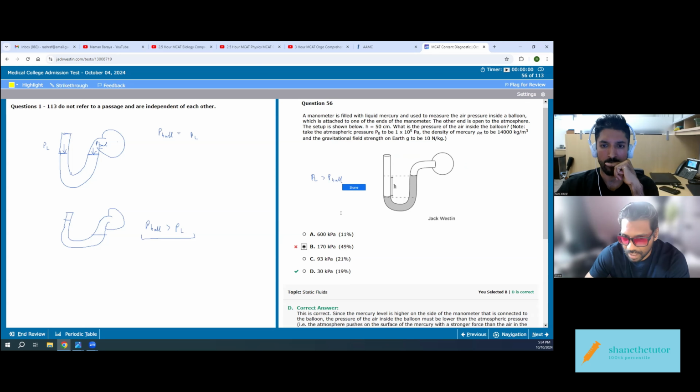Now, this outside part is exposed to the atmosphere, so there is an atmospheric pressure pushing down on it, right?